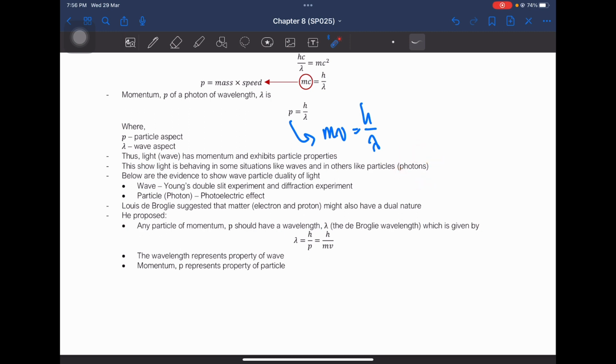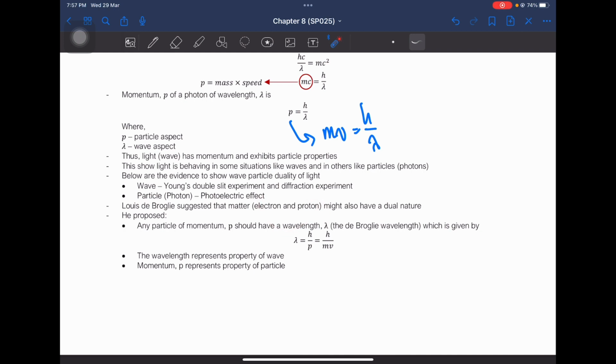These two are the evidence to show wave particle duality of light. We've learned about Young's double slit experiment in chapter 7, which shows that it exhibits wave properties, and the photoelectric effect shows that it exhibits particle properties.